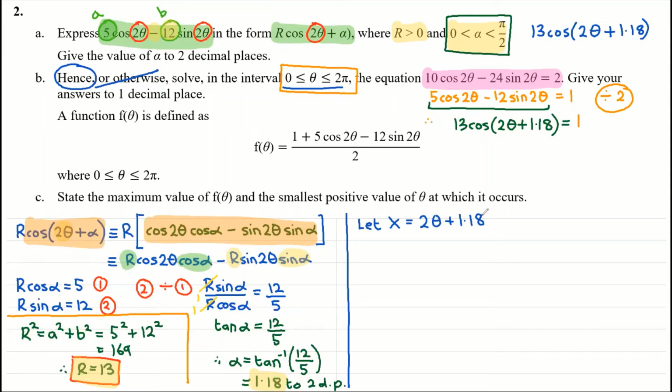Okay, so we've got that, and we can now rewrite the equation as 13 cosine of big X is equal to 1. So therefore, the cosine of big X is going to equal 1 over 13. Okay, that's good. So now we can find our principal angle. So the principal angle will do the inverse cosine.